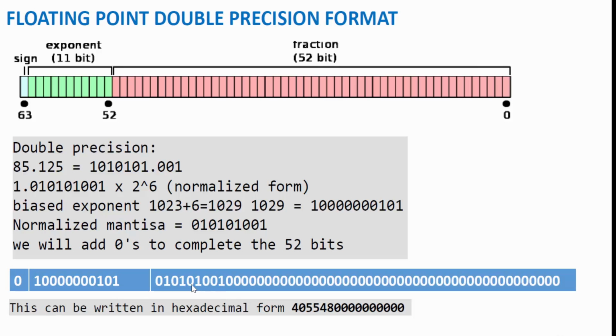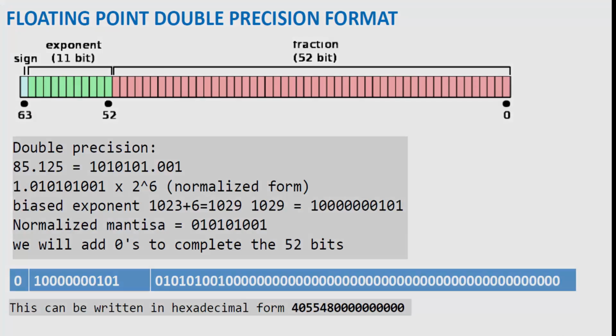After that, in order to make this representation in 52-bit form, append remaining bits with zeros. Now we can group these, each group containing 4 bits, assign its hexadecimal equivalent, and we get the hexadecimal equivalent for this particular number as thus.